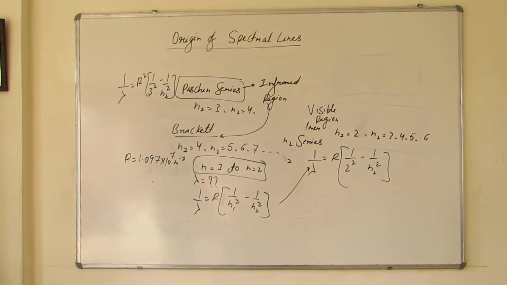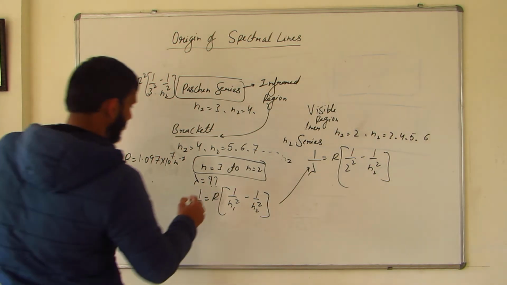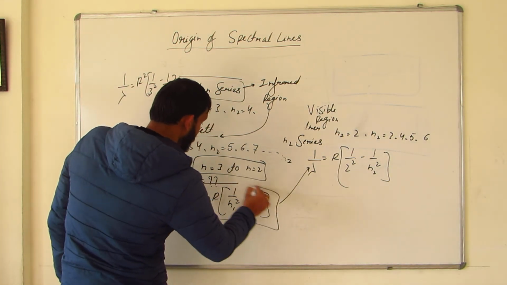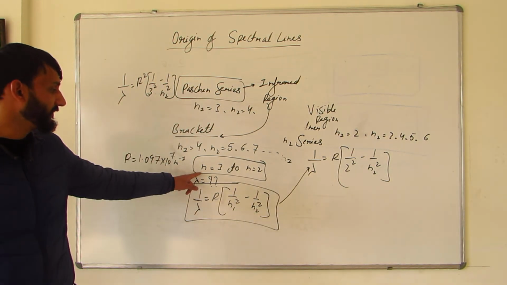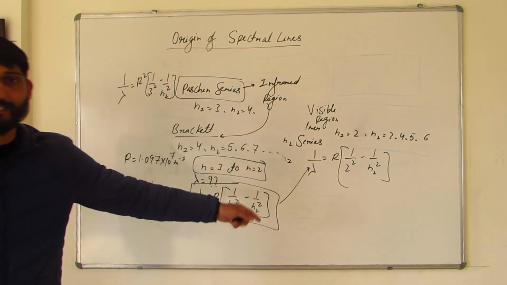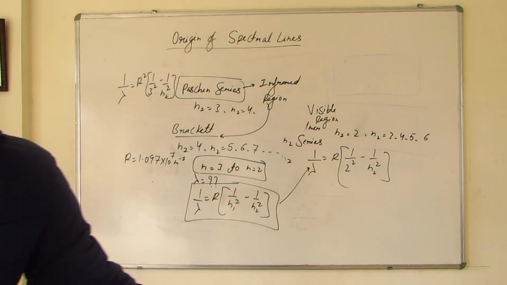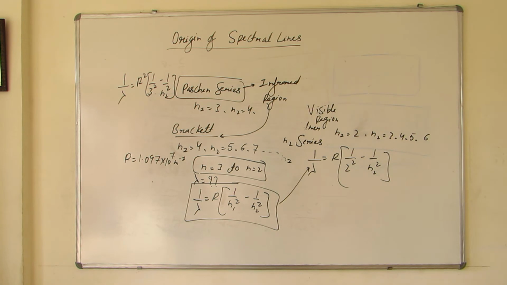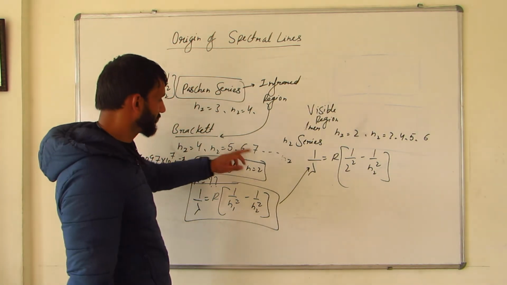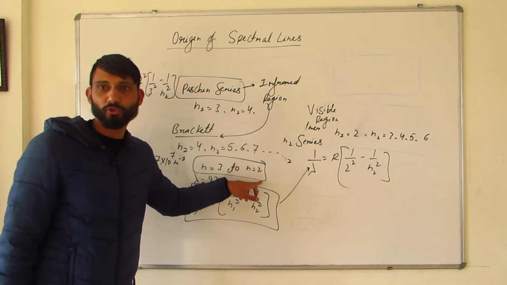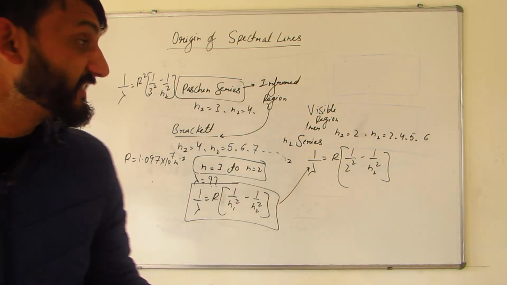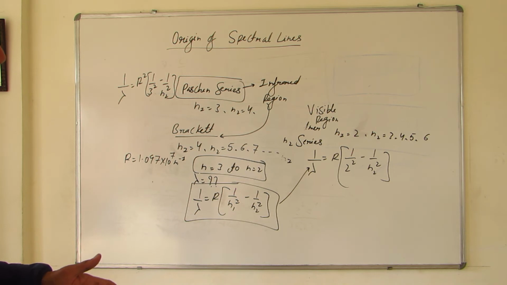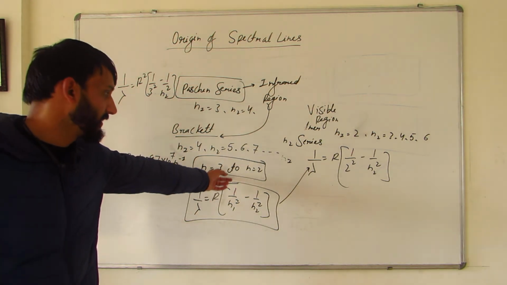And the rest of the things you can calculate by putting the values. Now in this case you see that it is going from third to second, from higher to lower. So n1 is 2. Which series does 2 belong to? It belongs to Balmer, because it is going to second.